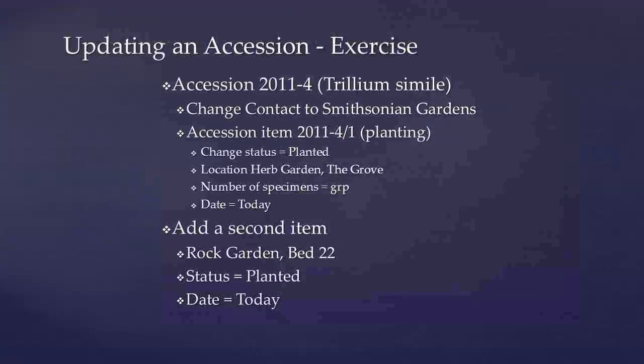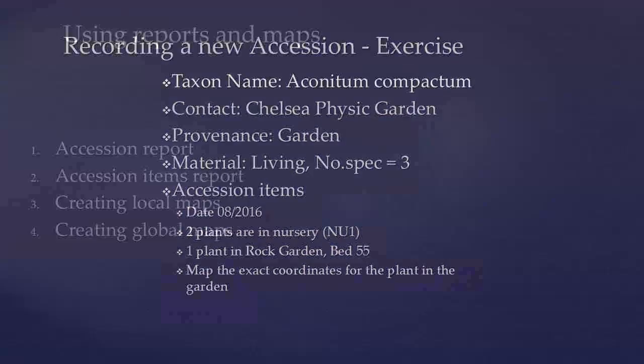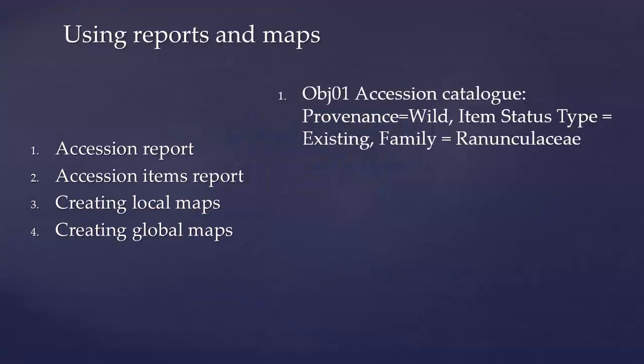So I need some explanation about using reports and maps. Okay. So what are you wondering about? Number one is accession catalog, then item status type and family.